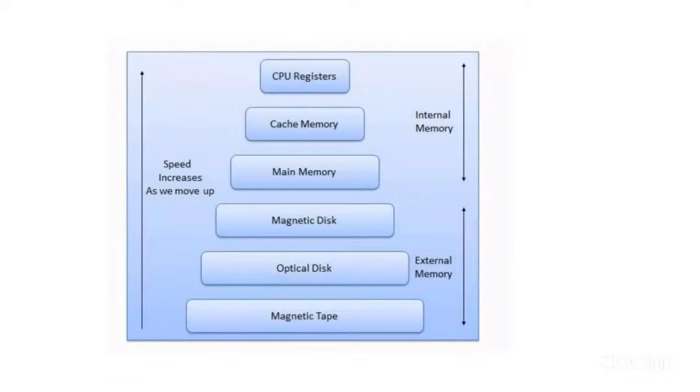The internal memory is basically made up of solid state, whereas the magnetic disk and optical disks are of different types. In the magnetic disk, the memory is stored using a magnetic field, and the optical disk is a CD, that is a plastic device, which stores data as laser dots.